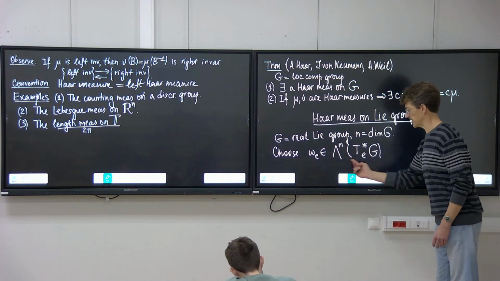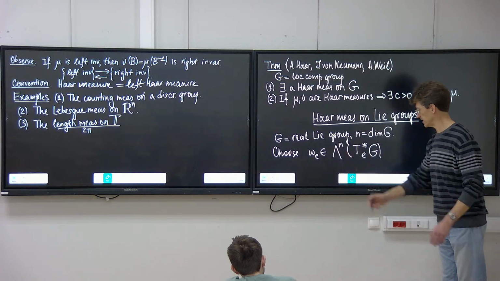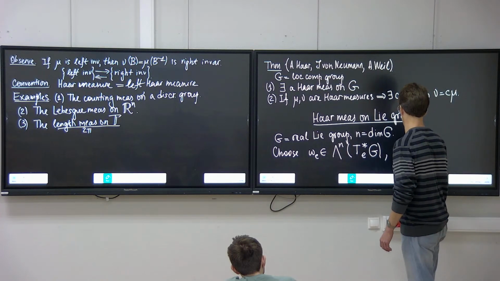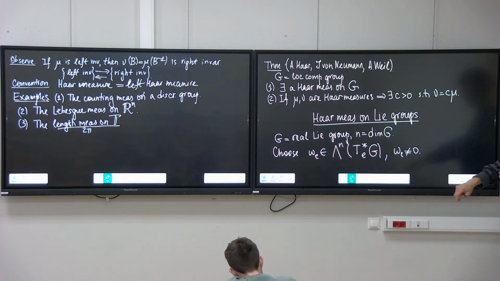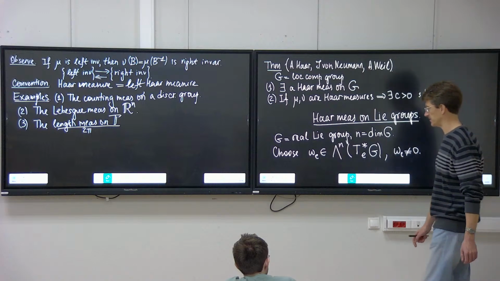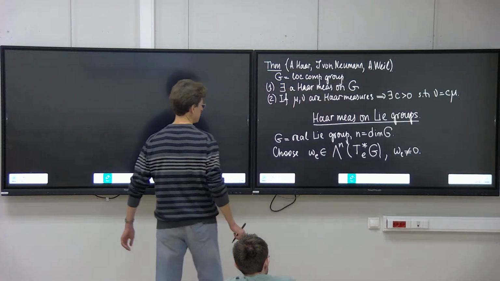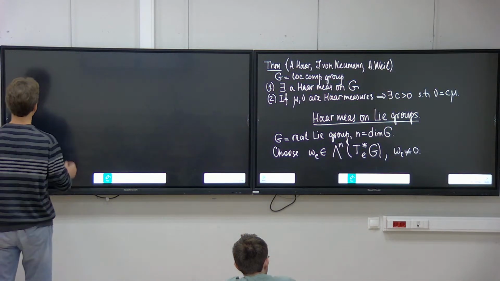This space is one-dimensional, so we choose any non-zero element in this space. So now basically the idea is to use translations and to obtain as a result a left invariant differential form of higher degree. So formally the construction looks as follows.